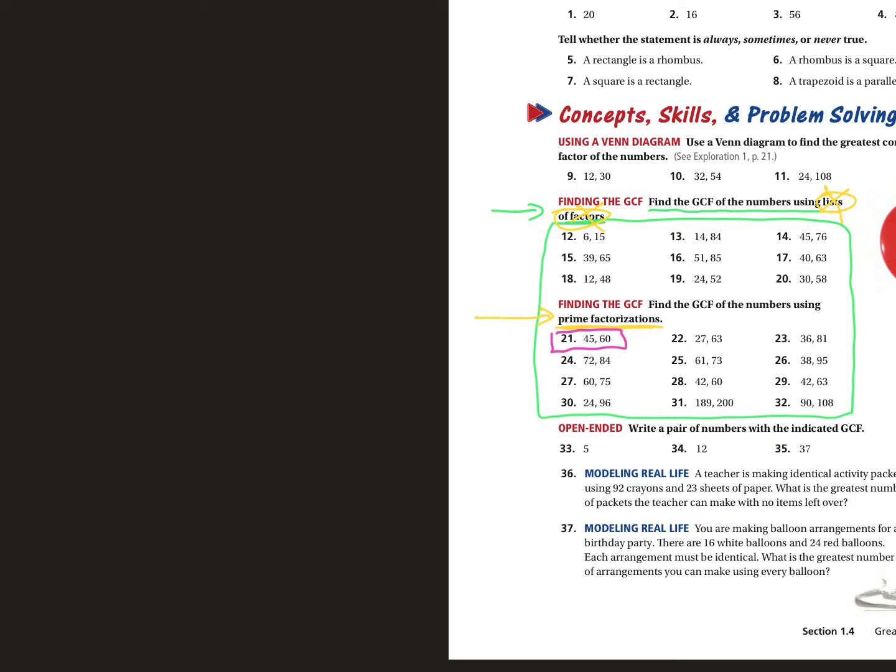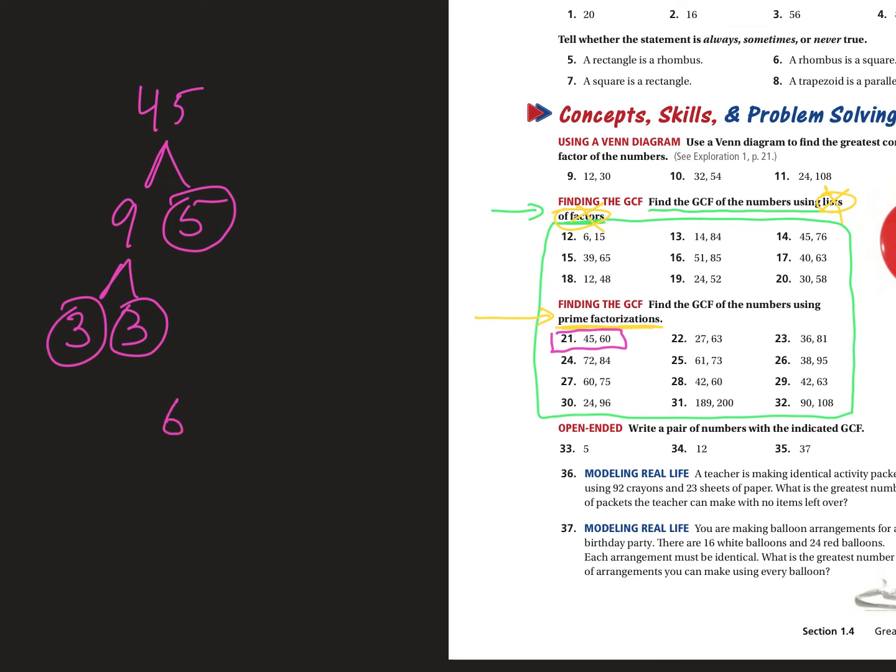So if I have 45, I'm going to do the prime factorization. So this involves factor trees. So I'm going to do 9 and 5, 3 and 3. And so here are my prime factors for 45. And then I'm going to do 60, and I'll just fit it down here.